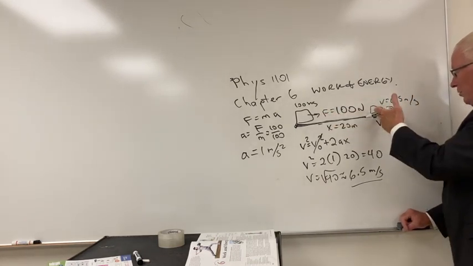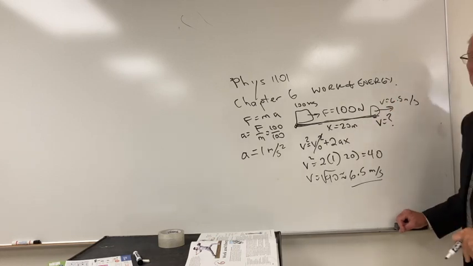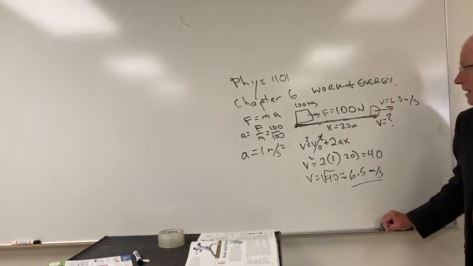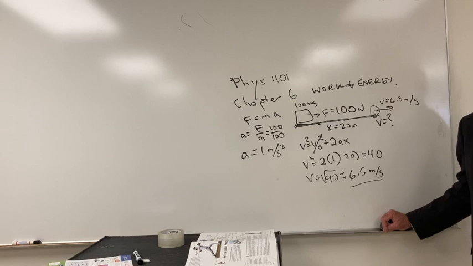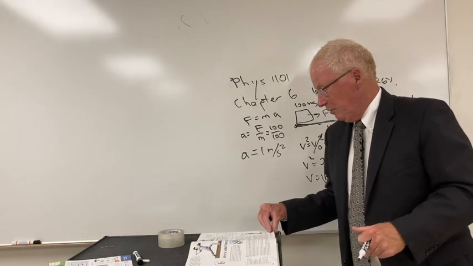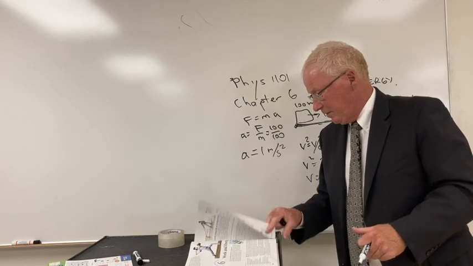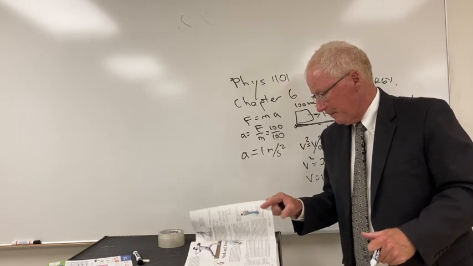You pull it for this long, let it go, and keep going. We're going to be doing a little bit different approach here in chapter 6, using the concept of potential energy and kinetic energy, which actually make it a little easier to work with as far as doing some problems here.